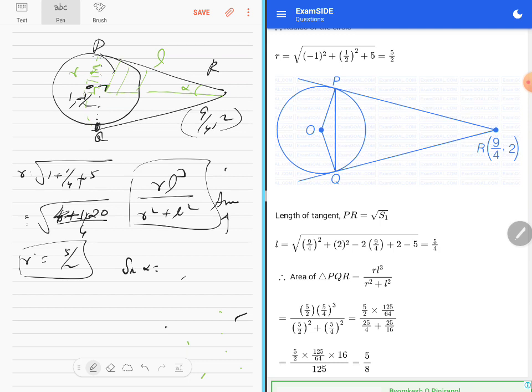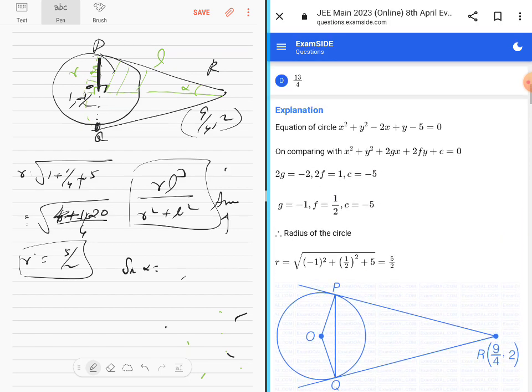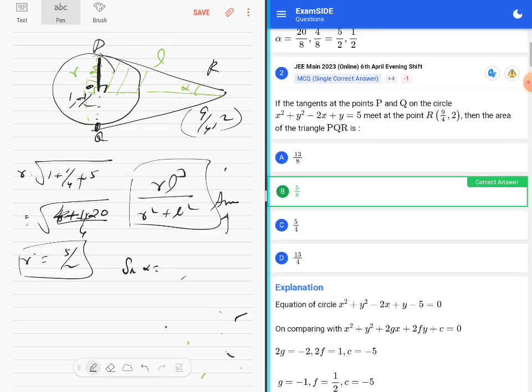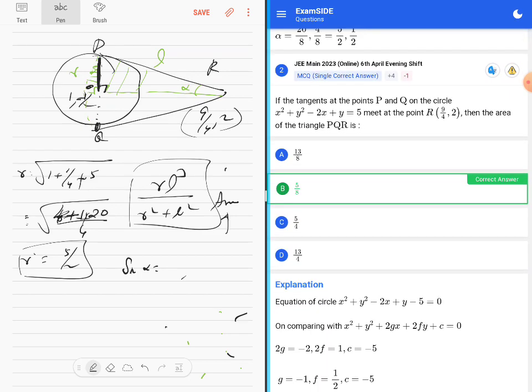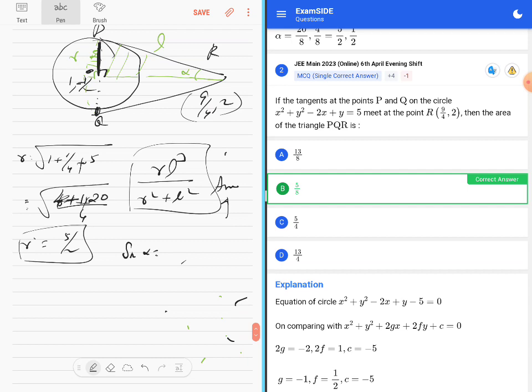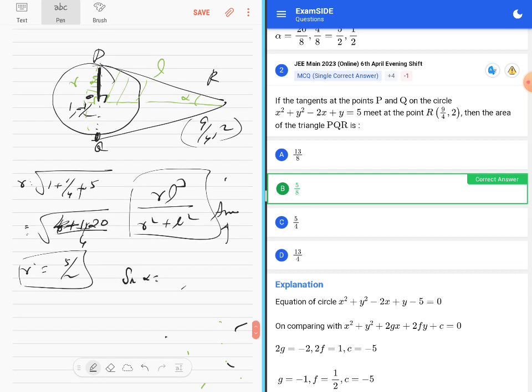From this right triangle, sin alpha is half the length of the chord, because PQ is not a diameter, it's just a chord.